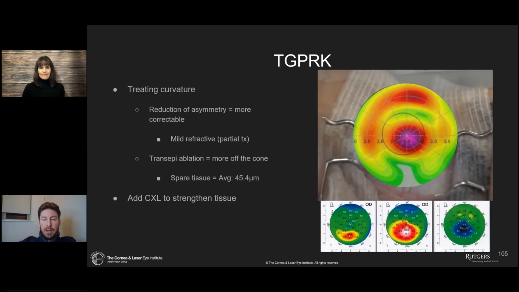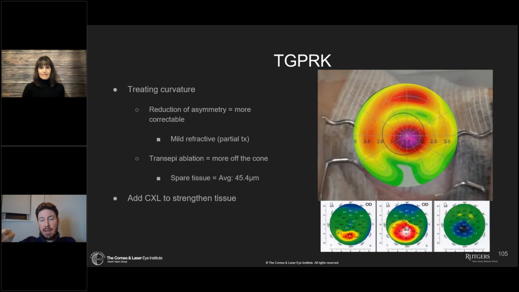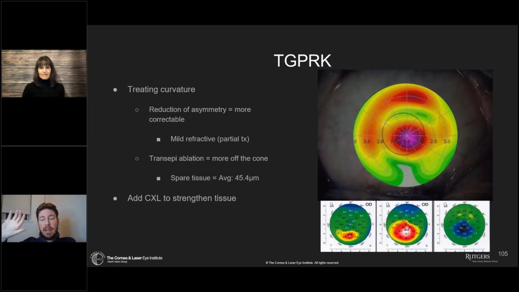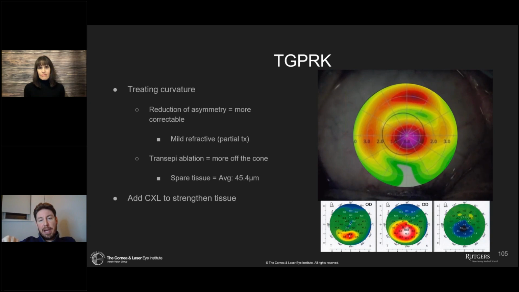What you're seeing here is the way that we would do this procedure. This is the type of ablation that you see. You can see that we're more focal over the apex of the cornea, and we get a little arc up top. The idea here is to normalize the corneal shape by bringing down the apex and steepening the superior, or the flatter, cornea.